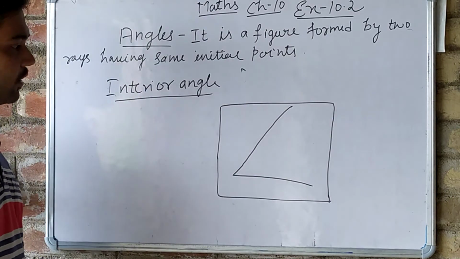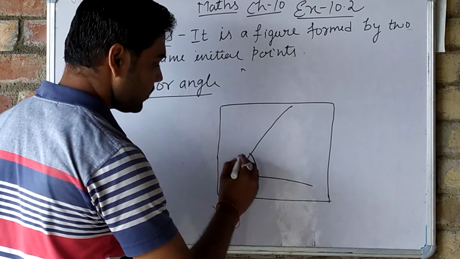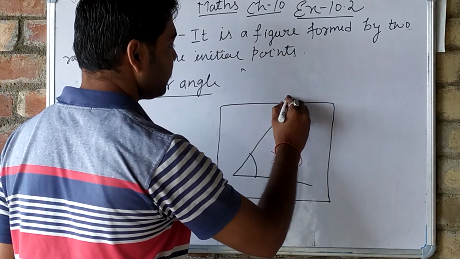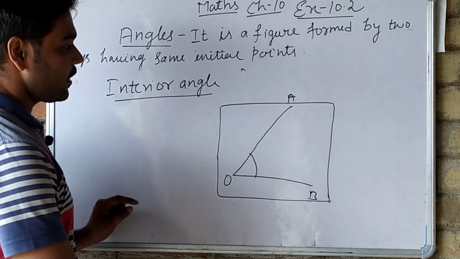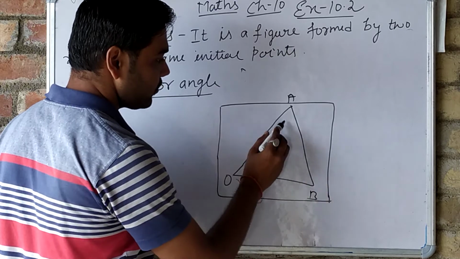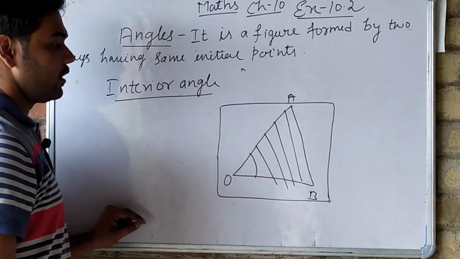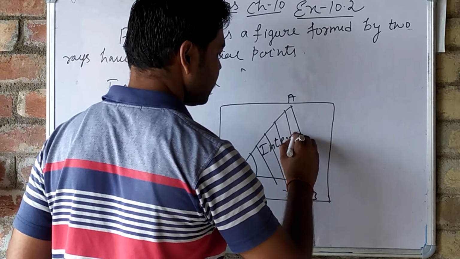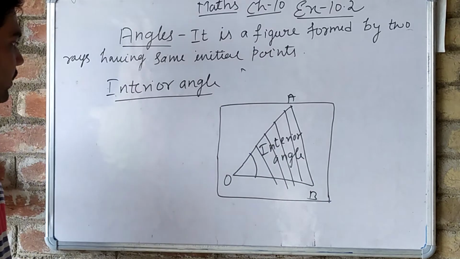So what is the interior angle? The interior angle is this part. This angle is known as the interior angle. Suppose this is AOB. So this interior angle is covering this much of the part. This much of the part covered by this angle is known as the interior angle.